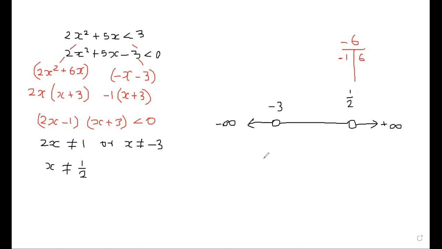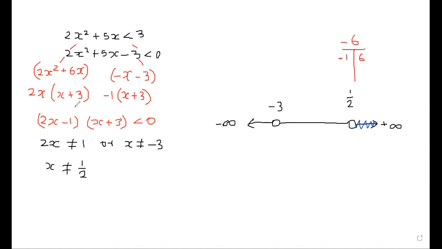Now, this is very important. You need to take a number from this region. You see this region right here? This region. Let me use a different color. You need to take a number from this region and plug it here.